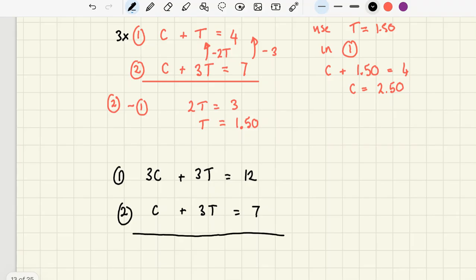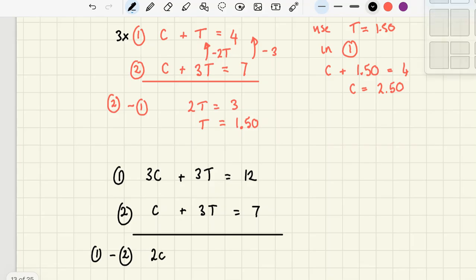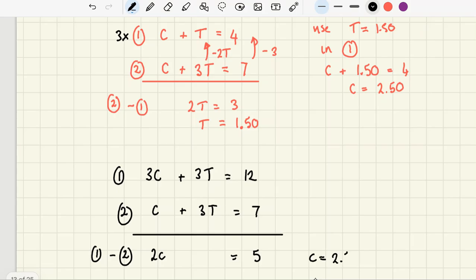So this time, if we do 1 subtract 2, 3 C's subtract C is 2 C's, and 12 subtract 7 is 5. So 2 C's are 5, so 1 C must be £2.50. It's not a bad approach. It was 1 step more than you needed to do, but it could have still worked.